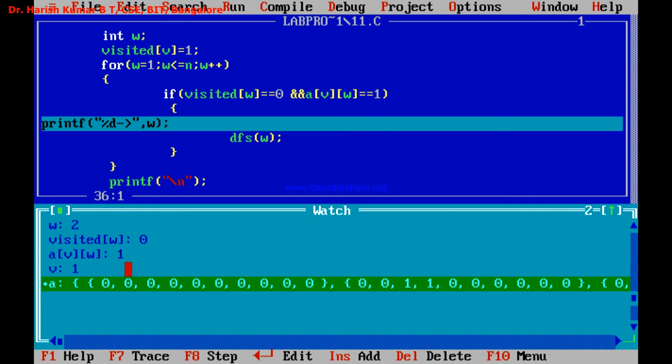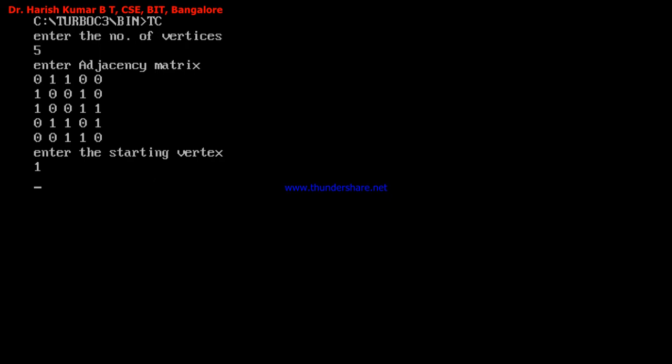If you just look into the matrix, let me go back to the matrix. A of 1 2, first row second column, is 1.